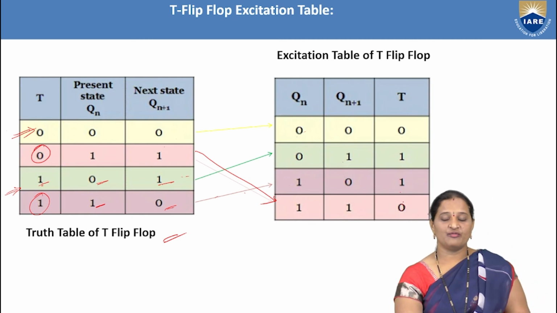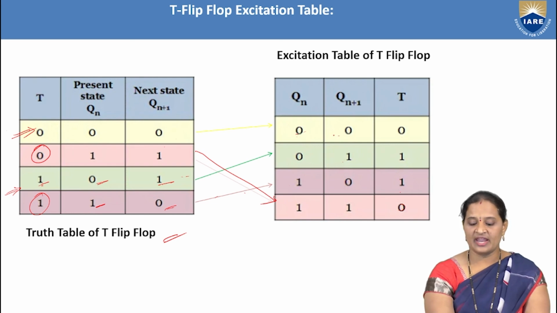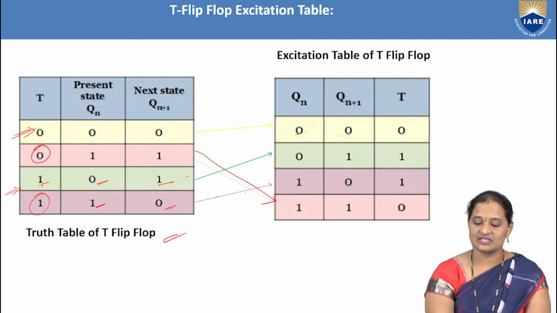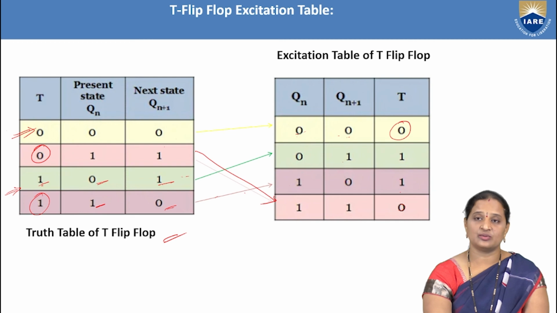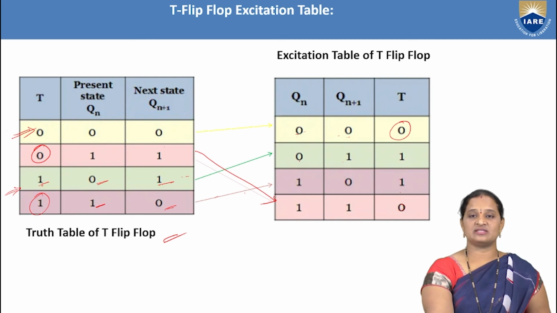Or else we can also see whether there is any change in the present state and next state. No. So as I told you, when T is equal to 0, the present state is equal to the next state. As both are the same, we need to consider T as 0. Next up, here next state is a complement of present state.